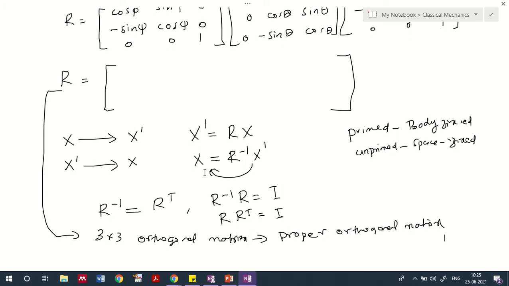If you want to convert the coordinate system of a celestial object like a star or the moon into the coordinate system of people sitting on the earth, you can utilize Euler's angles. That's the basic idea of Euler's angles.